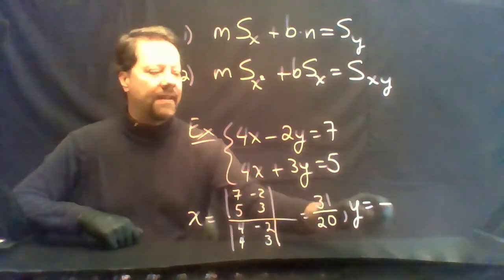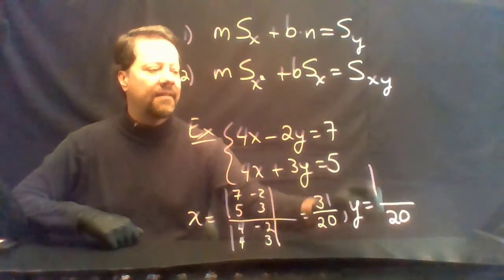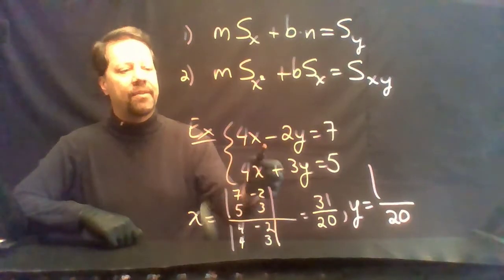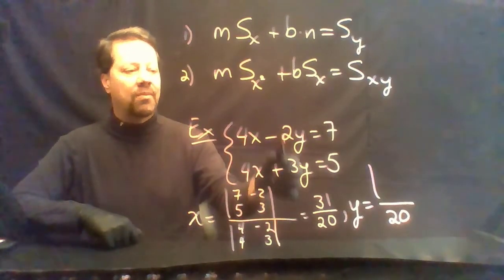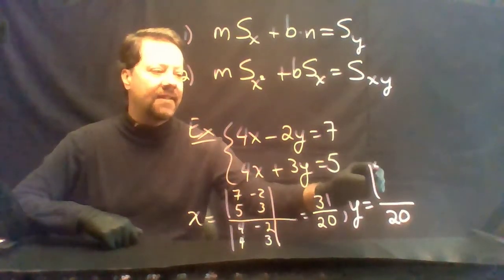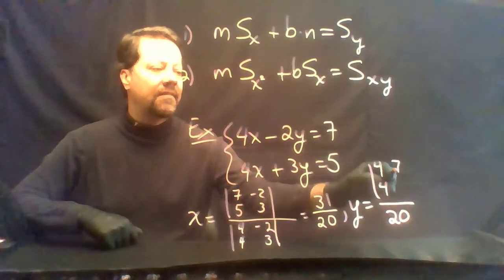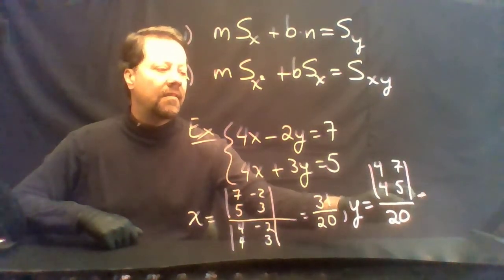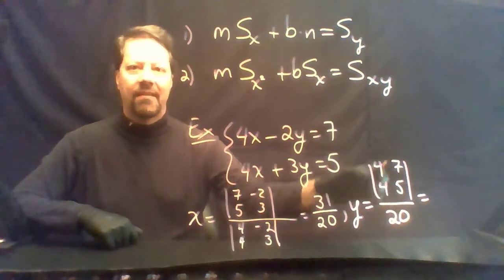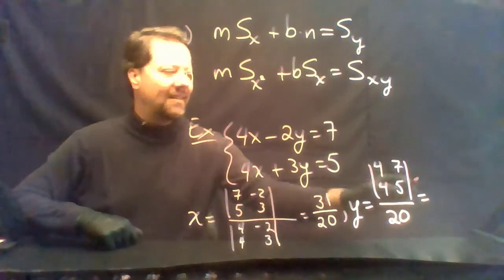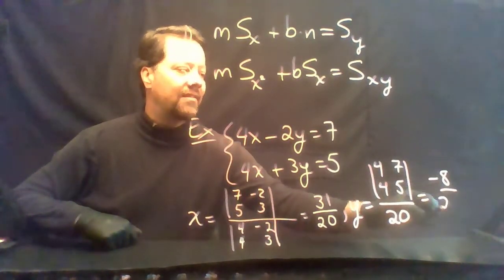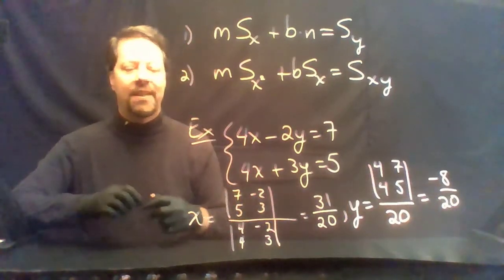The y-coordinate is found in the same way. The denominator is still going to be 20. The only thing that changes is that we replace y coefficients by the right-hand sides. So we get 20 minus 28 is negative 8 over 20, which we then reduce.